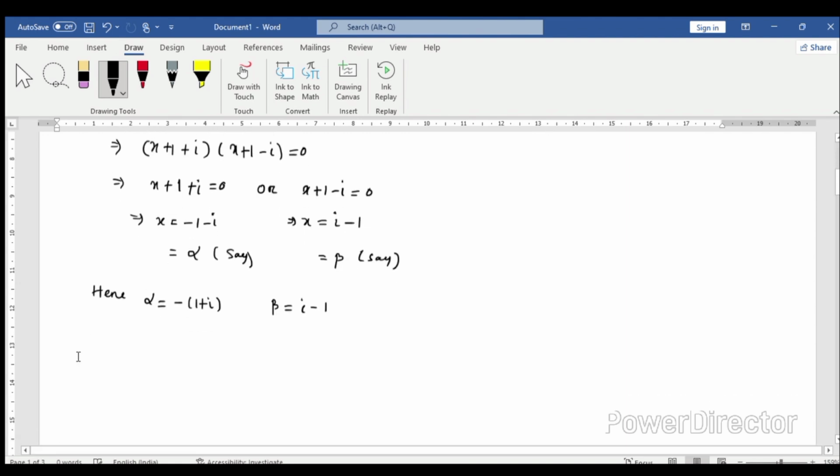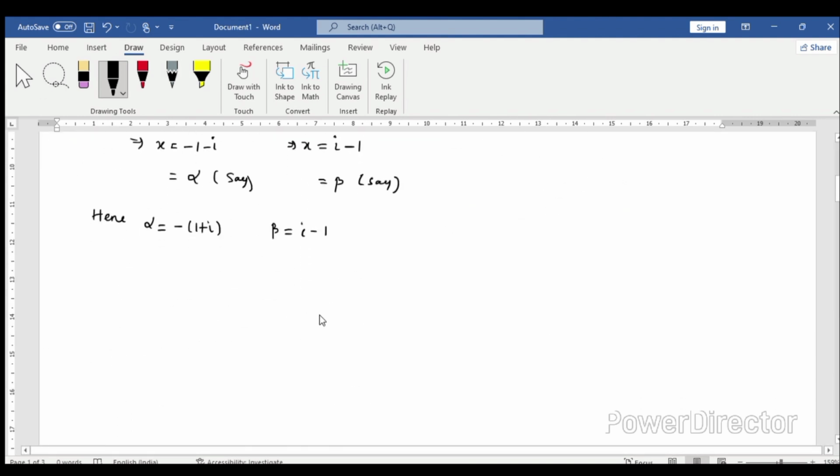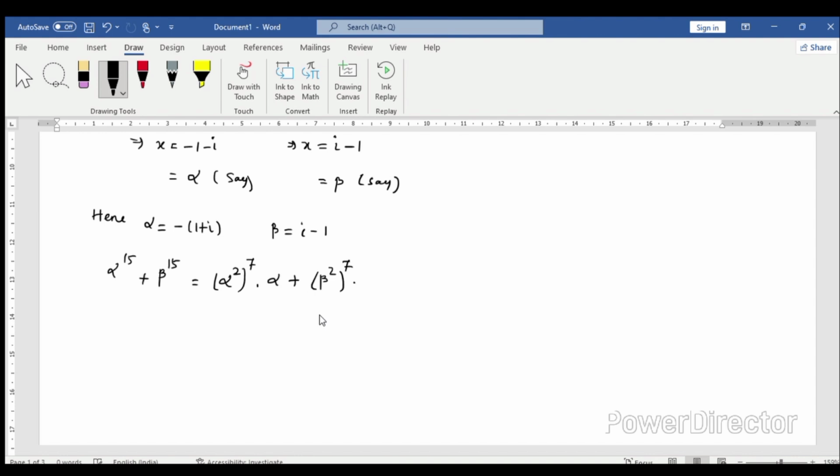Now we have to find alpha power 15 and beta power 15. If we want to find alpha power 15 plus beta power 15, I can write this as alpha square power 7 into alpha plus beta square power 7 into beta.